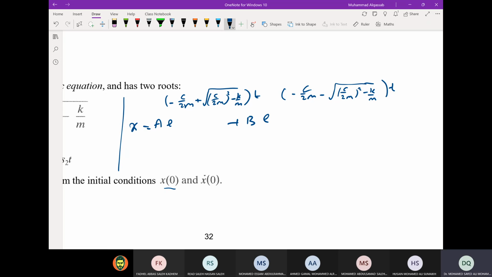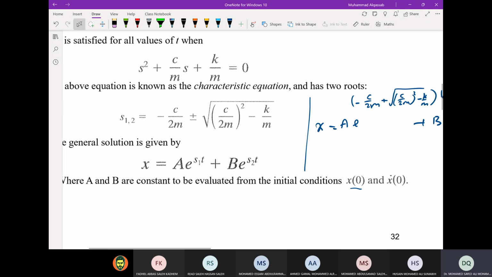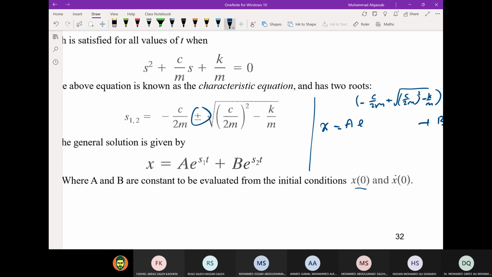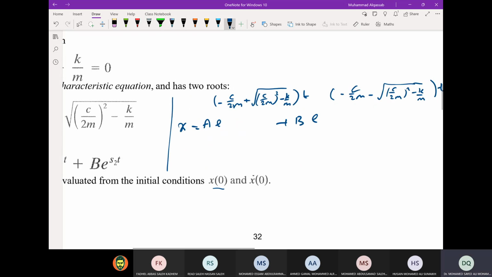Okay, the plus minus is because of the roots, and we use the general equation. So the plus is going to give us the smallest root. There is addition, so it doesn't matter which one is first.